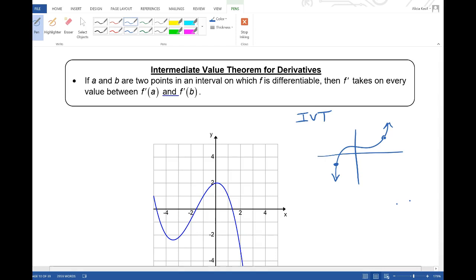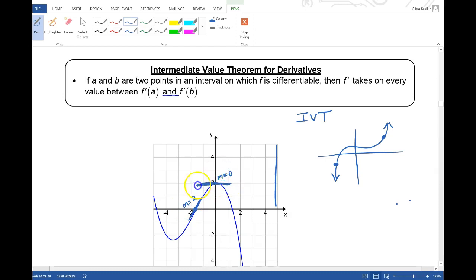But this is also true for derivatives. So if you have f prime of a, let's take this point here, and you look at the slope here. Maybe 2. So let's say this is m equals 2. And then let's say this point here, m equals 0.